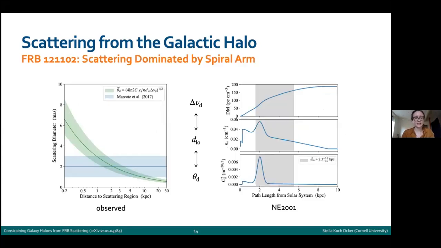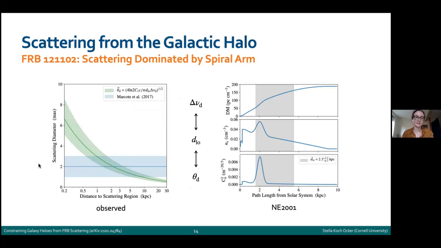So I should also say that for FRB 121102, we can say with a high degree of confidence that the scattering is dominated by the galactic disk and more specifically by the outer spiral arm. And we can do this because we have both a scintillation bandwidth and angular broadening measurement. And so these two measurements are related to each other by the distance to the scattering material.